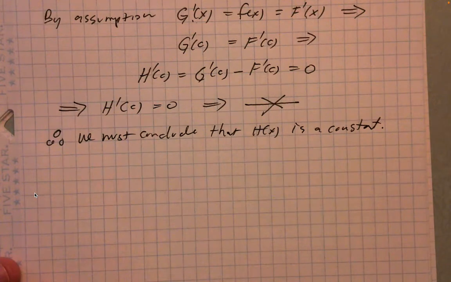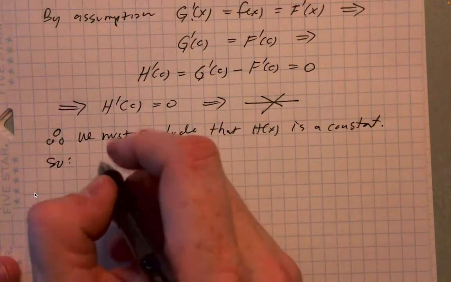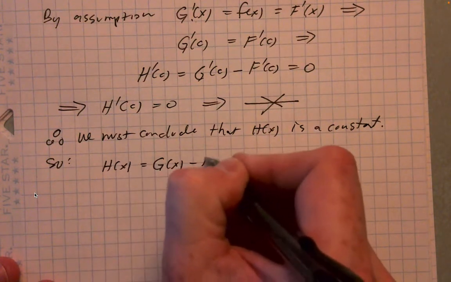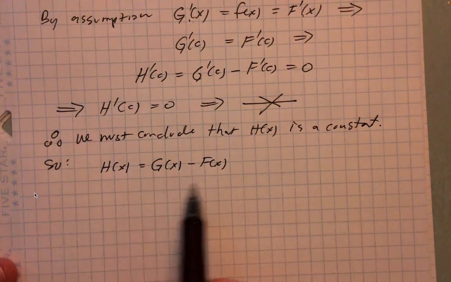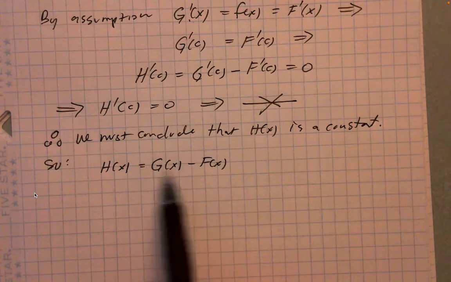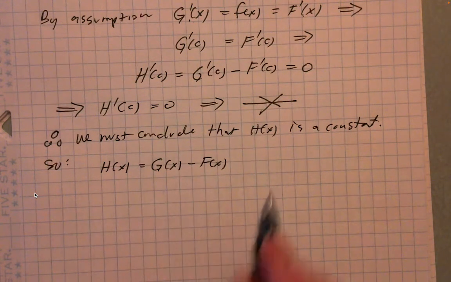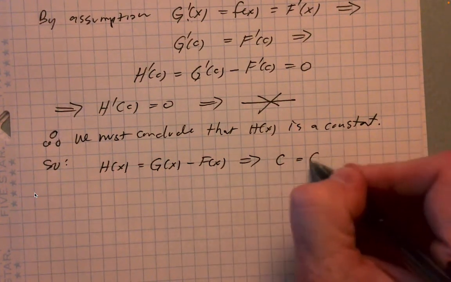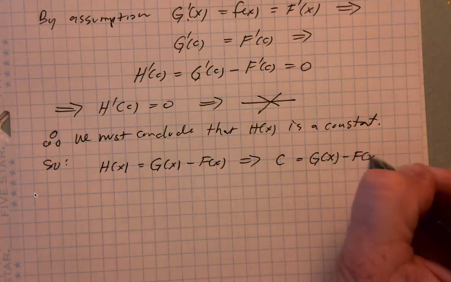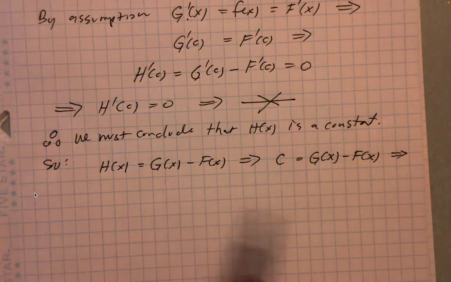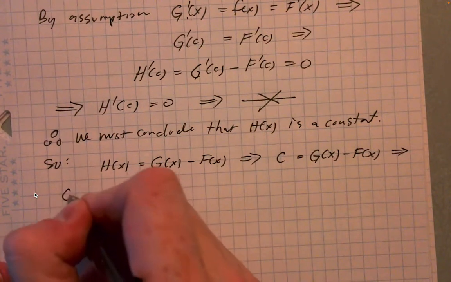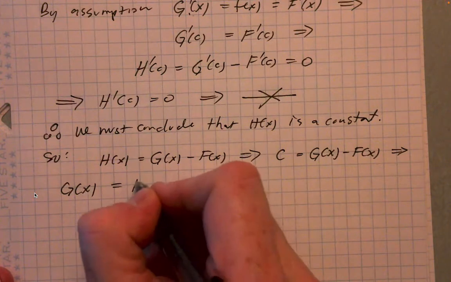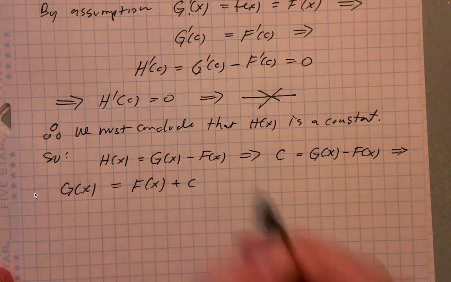Okay, so what does that mean? Well, that means that we defined it like this: h of x is equal to g of x minus f of x. It's the difference between the two antiderivatives, our two distinct antiderivatives. And so, well, that just implies that some constant is equal to the difference. And that implies, of course, with a little bit of algebra here, that g of x is equal to big F of x plus c.